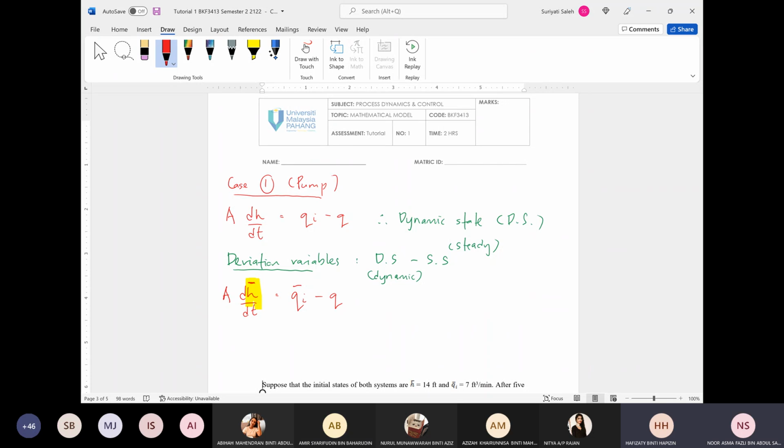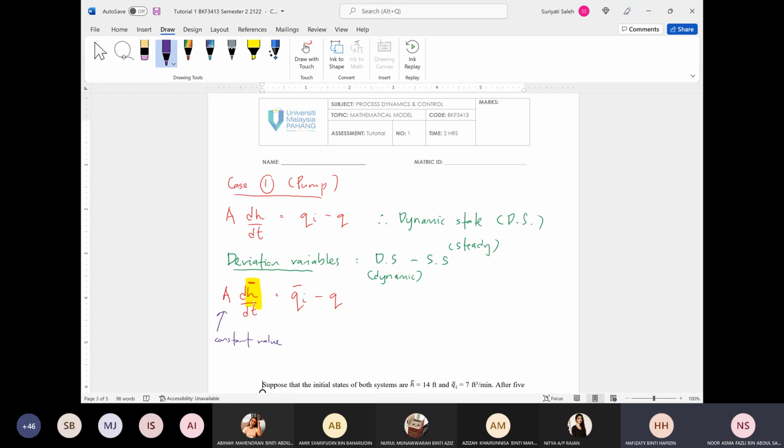Okay, thank you. Here the A is the cross-sectional area. Normally the area is based on the shape, and the shape is not going to change against time. So A is a constant value. When you have a constant value, you don't need to put the initial condition because the value is not going to change.